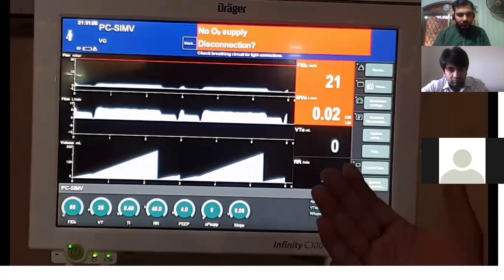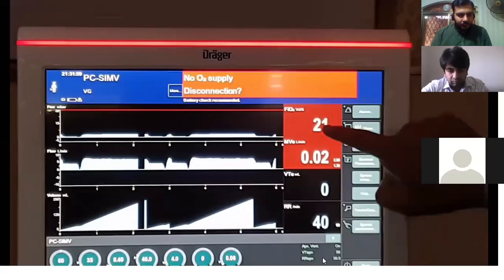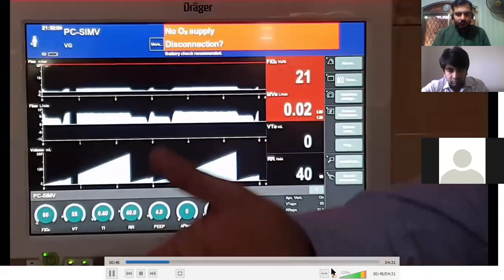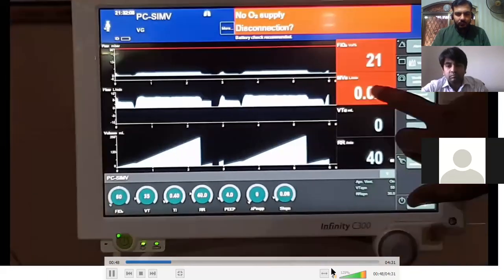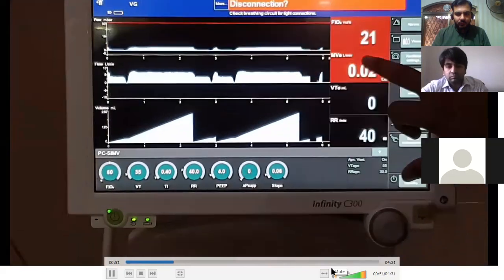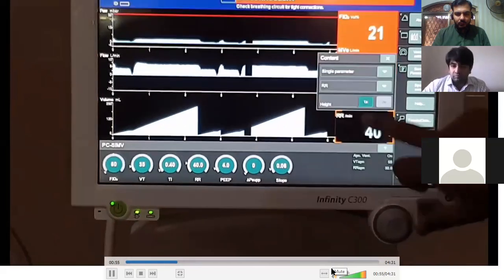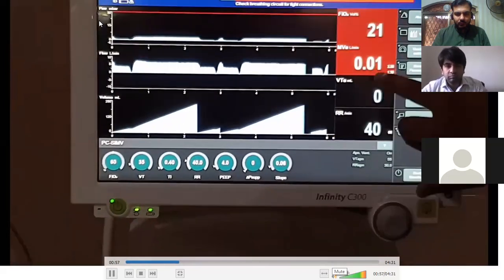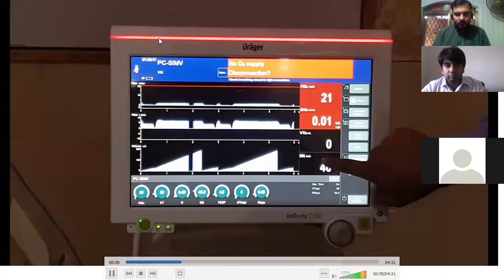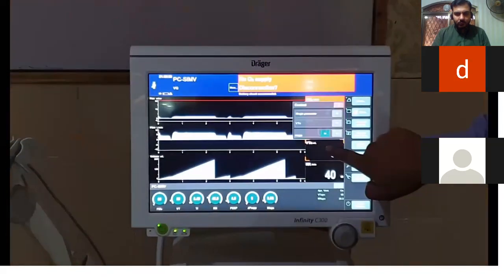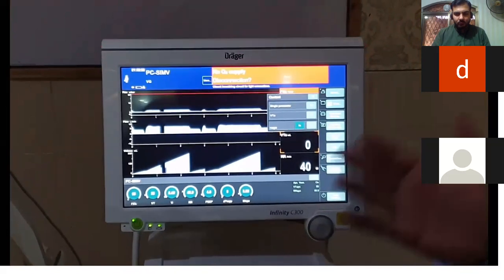And on this side, we can see the percentage of FiO2 that is being delivered to the baby, and then the minute ventilation. The minute ventilation is the product of tidal volume and the respiratory rate. And we can see from here what the respiratory rate of the child is, and how much tidal volume the vent is giving to the baby.